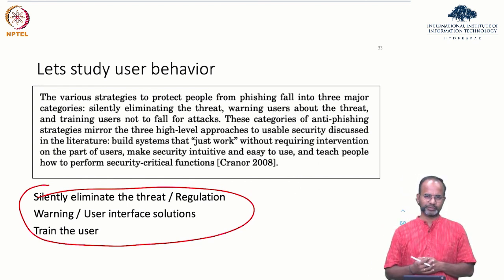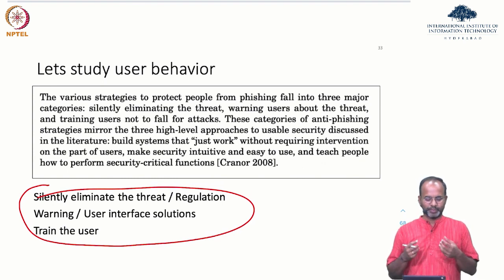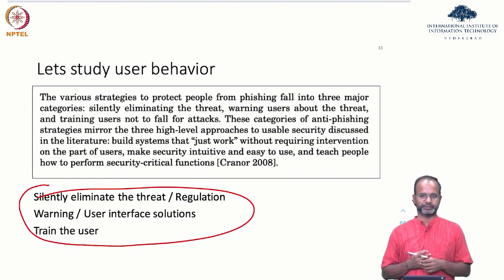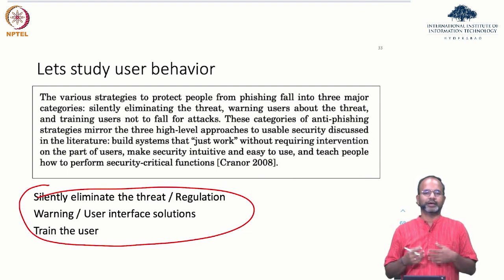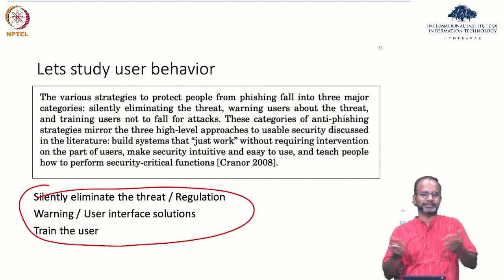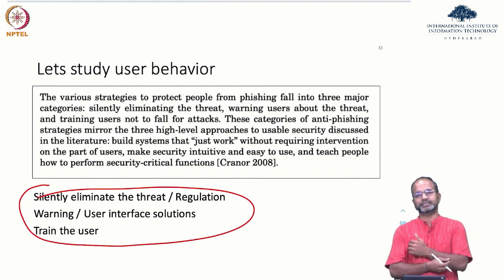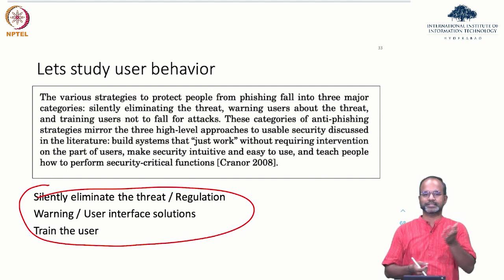The second category of solutions, which is mostly what we look at as part of nudges, is warning or user interface solutions. I'm sure you've used a lot of these. Any website that you go to, there's a pop-up saying that this website is insecure, do not go there. That's an interface solution. You can build a lot of these.